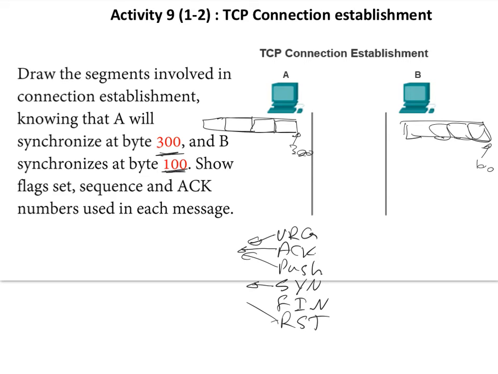But TCP deals with this as abstract segments, right? And the segments go from A to B or from B to A through the same TCP connection, because one TCP connection is bi-directional, right? So now A wants to synchronize at 300 and B wants to synchronize at 100. There's no obligation whatsoever that these numbers are correlated or have to match.